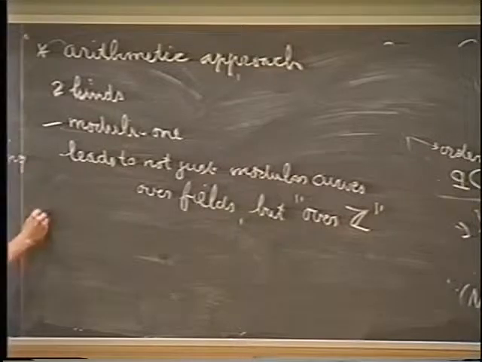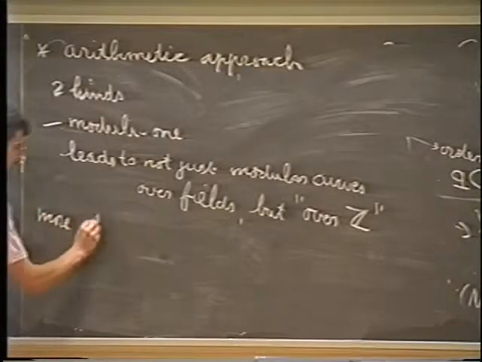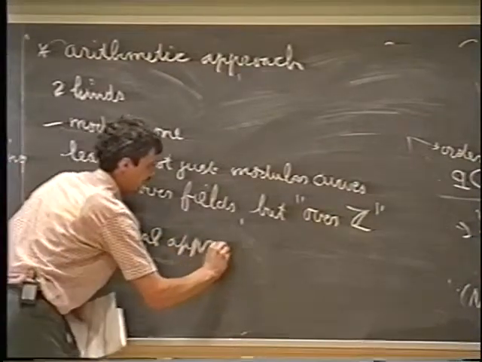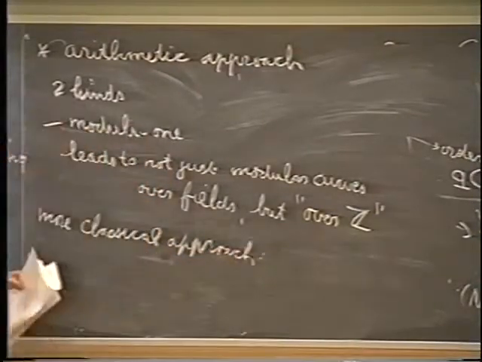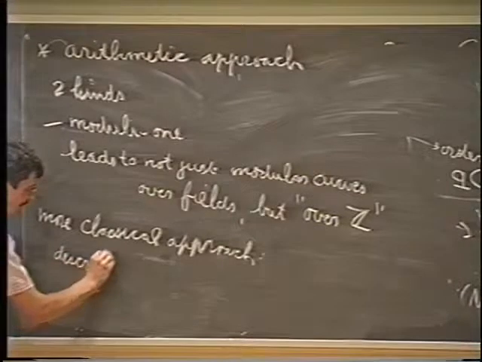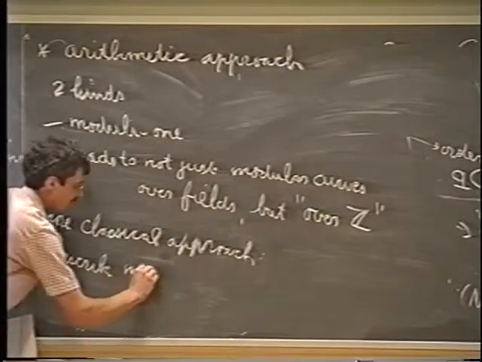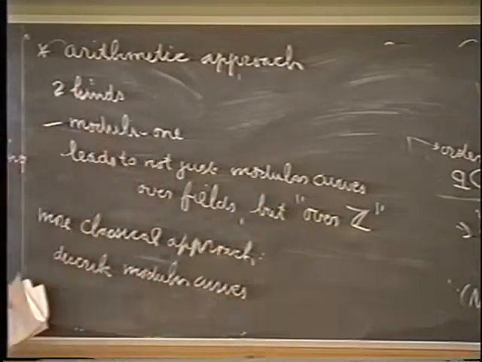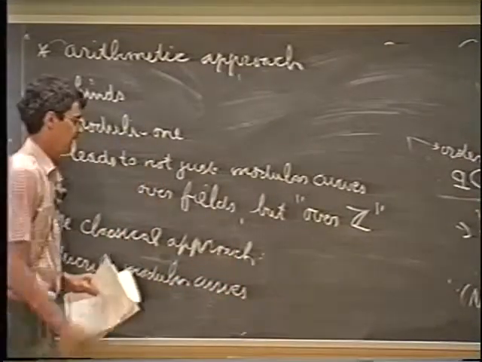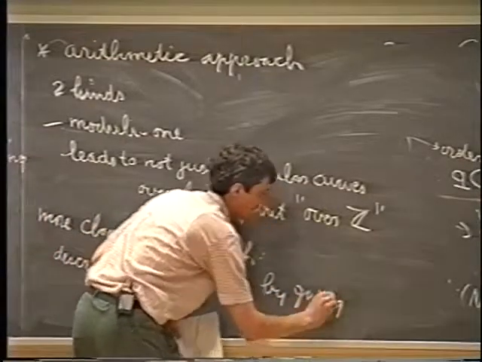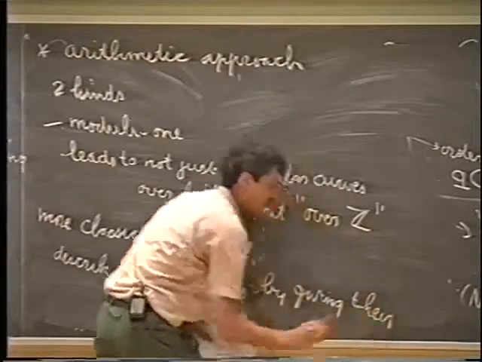So the other one is the more classical approach. And that is, you describe modular curves arithmetically by giving their function fields.